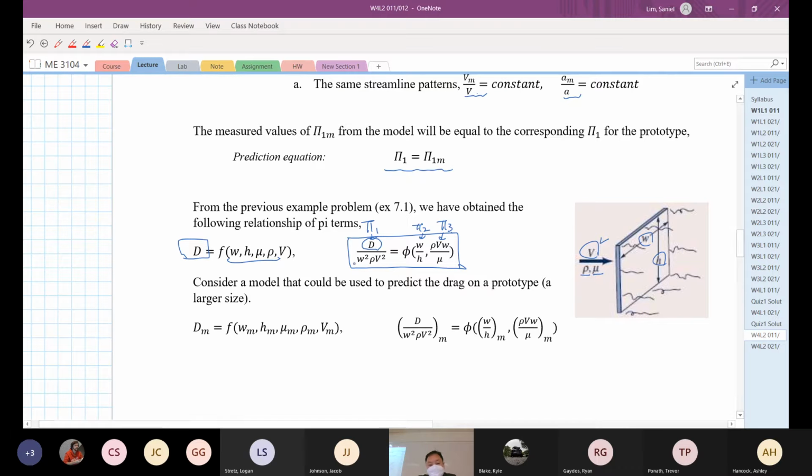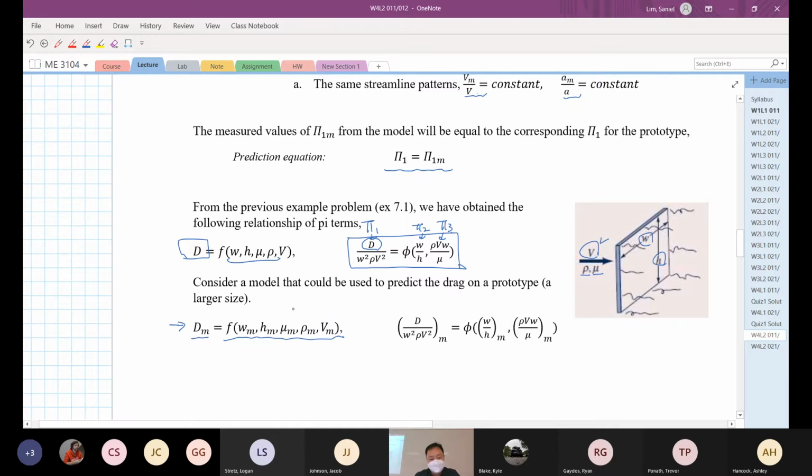Then, in order to design the model that can predict the drag force as well as the flow field around the plate of the prototype, we can have another dimensionless coefficient here, which is D. It's a function of all the variables in the model, which should be, for example, scaled down to 1/10, something like that. Then we don't have to consider all the variables one by one.